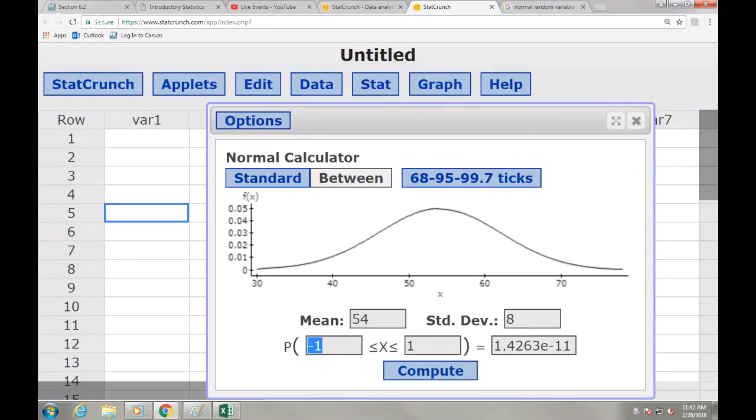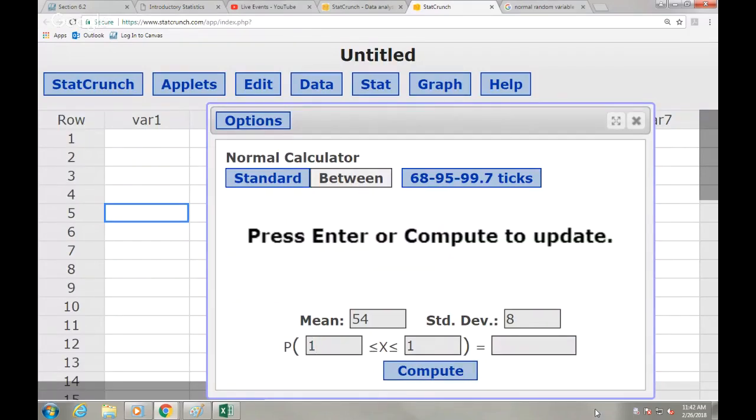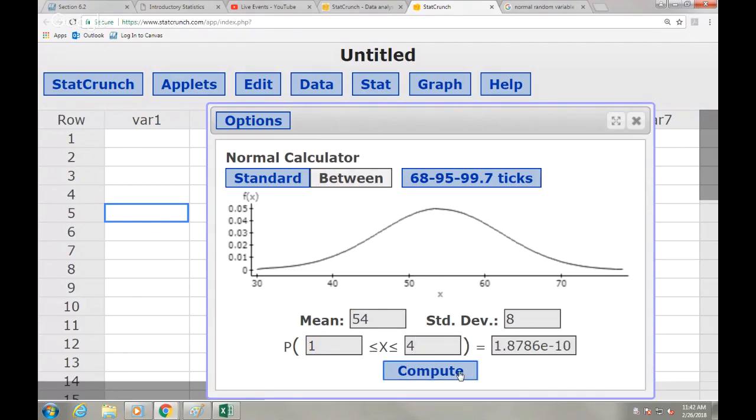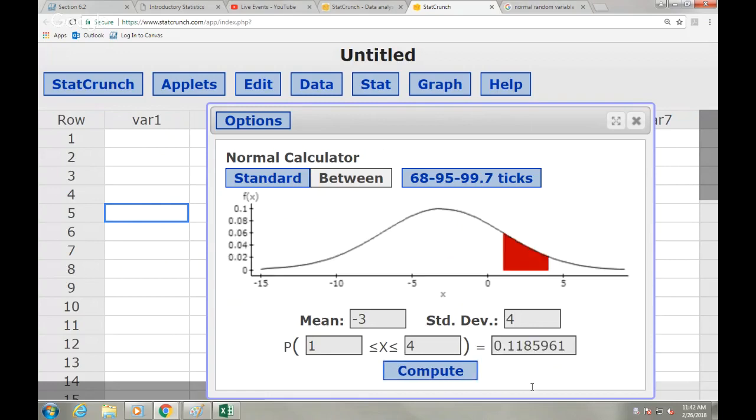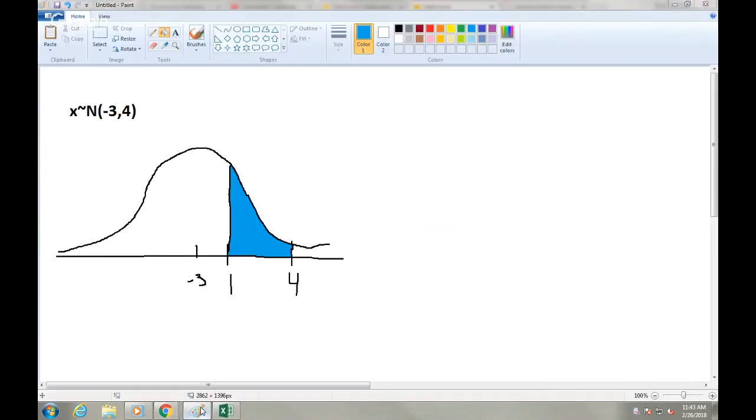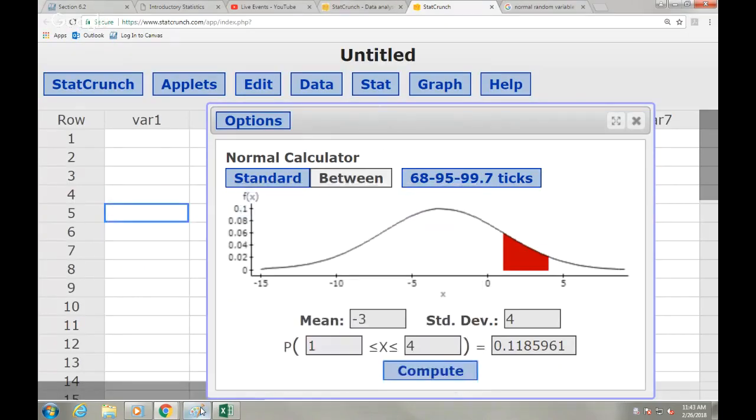So I can go from 1 to 4. Still not going to give me much because I've got my wrong mean here. My mean is now -3, and my standard deviation is now 4. And there I've got a picture. It looks like the picture I've drawn, and it's giving me an area 0.1185 or 0.119.